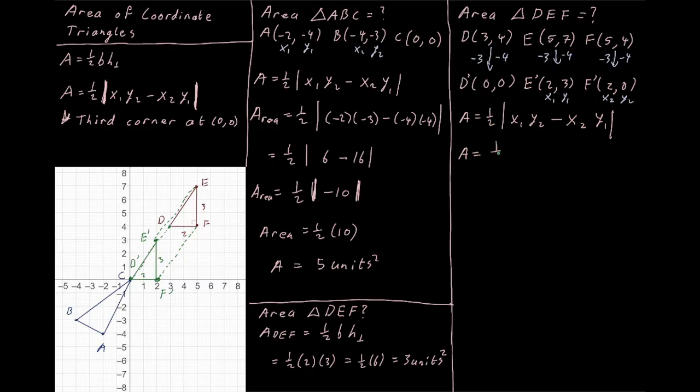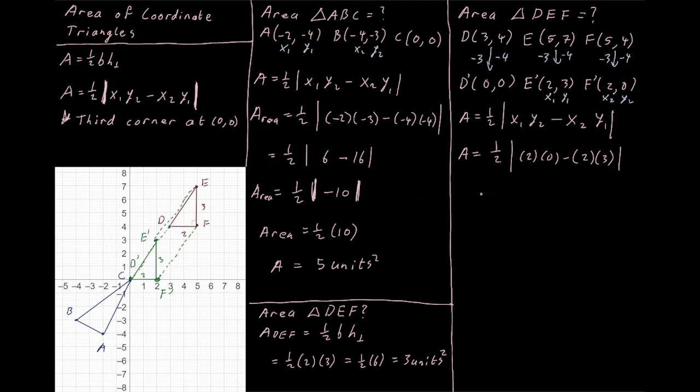The area is half of, sub everything in brackets, x1 is 2 on y2 is 0, minus x2 is 2, and y1 is 3. So we know where we should end up.